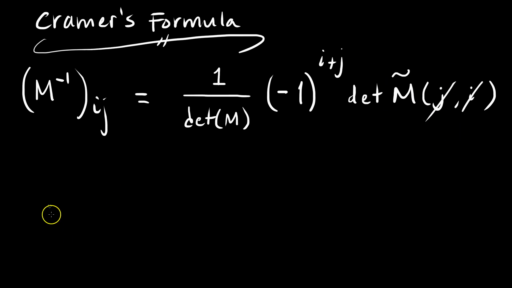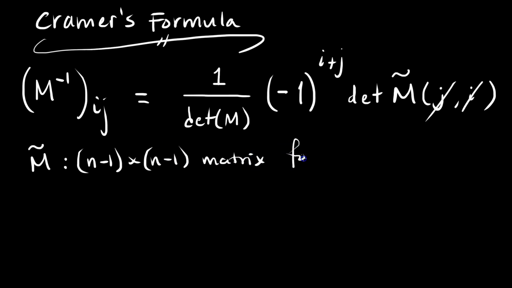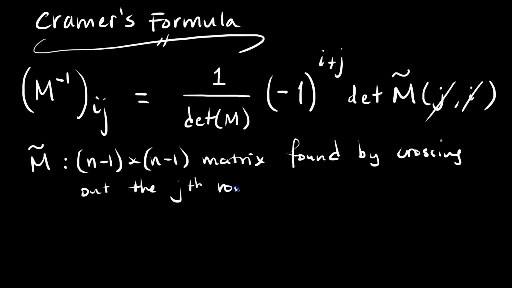And what is M tilde? M tilde is this n minus 1 by n minus 1 matrix found by crossing out the jth row and the ith column.